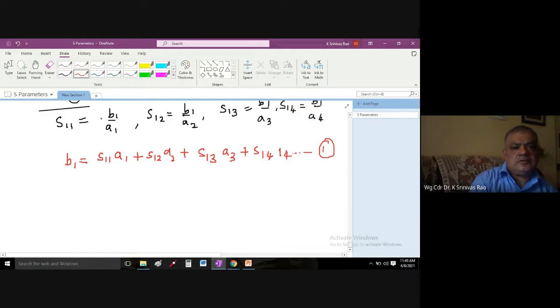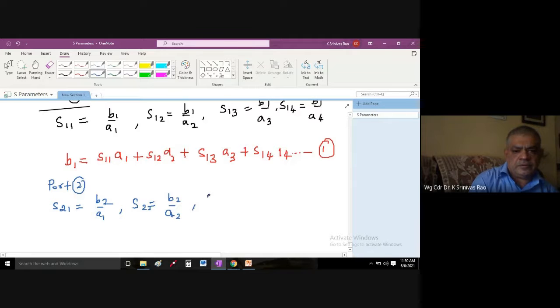Similarly, for port 2, I will write S21 is equal to B2 by A1, S22 is equal to B2 by A2.